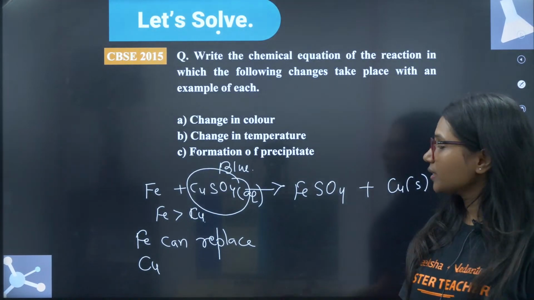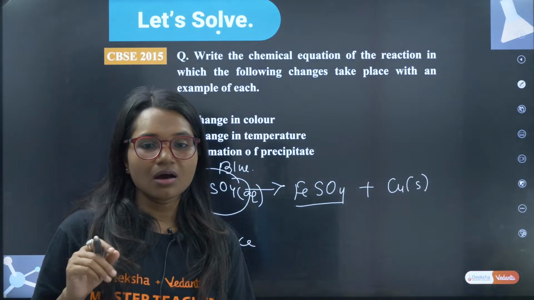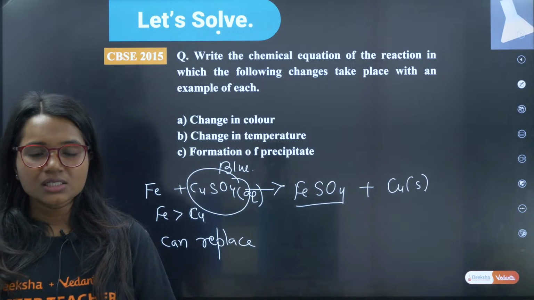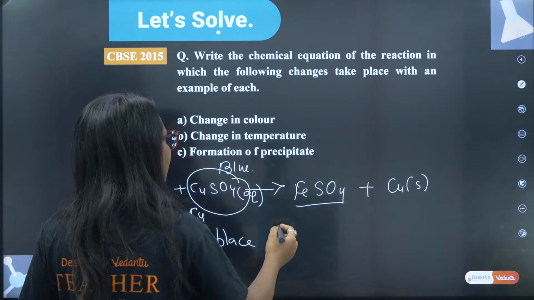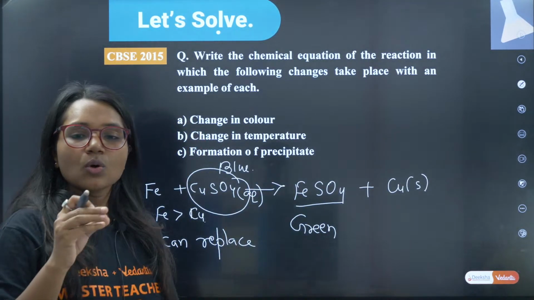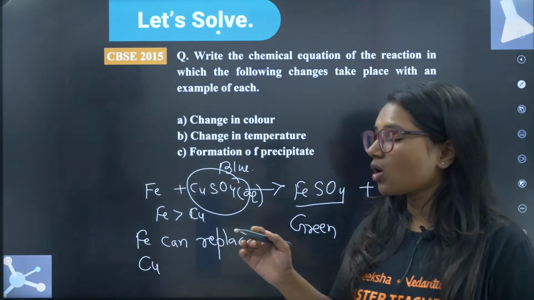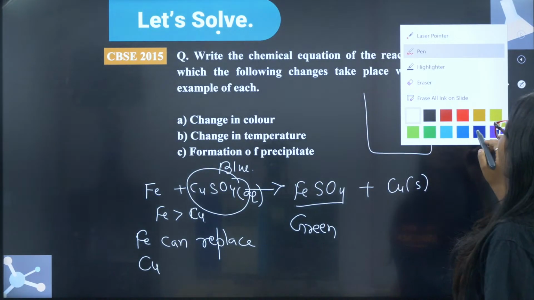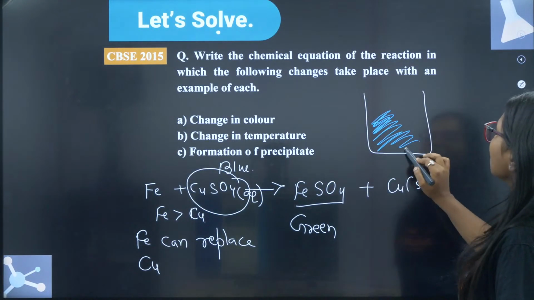Correct? So, can you tell me what is the color of ferrous sulfate? My dear students, Sumukh is telling blue. Very good, guys. Ferrous sulfate is green in color. So, you have started with a blue color solution, and the solution got changed to a green solution.